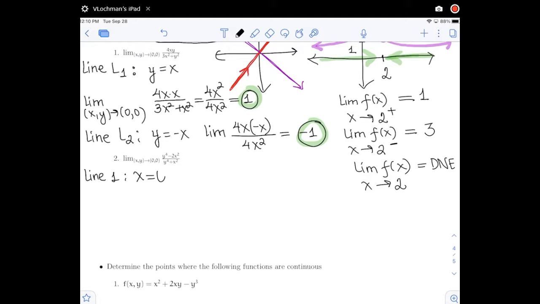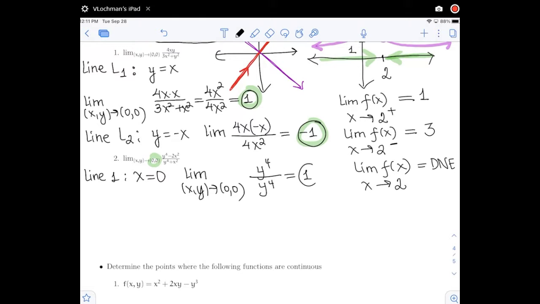Now notice every time I pick my lines, I need to make sure that the point of interest is actually on the line. So 0, 0 is on that line. What happens if I compute this limit? Limit as x, y goes to 0, 0. On x is equal to 0, that's going to be y to the fourth over y to the fourth, which is 1.